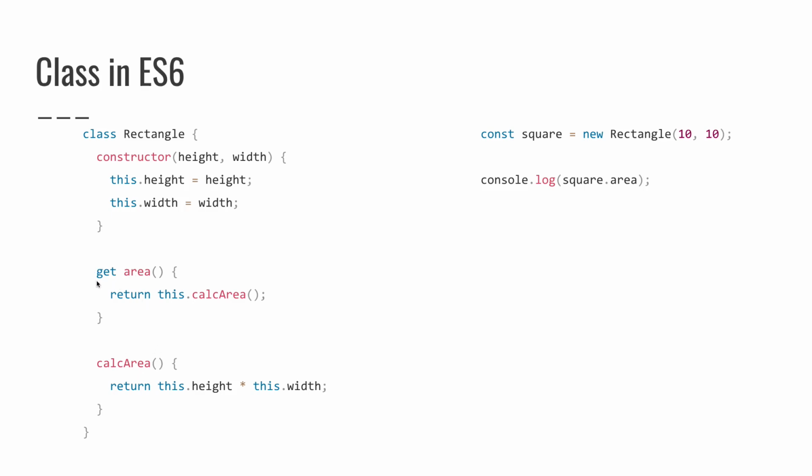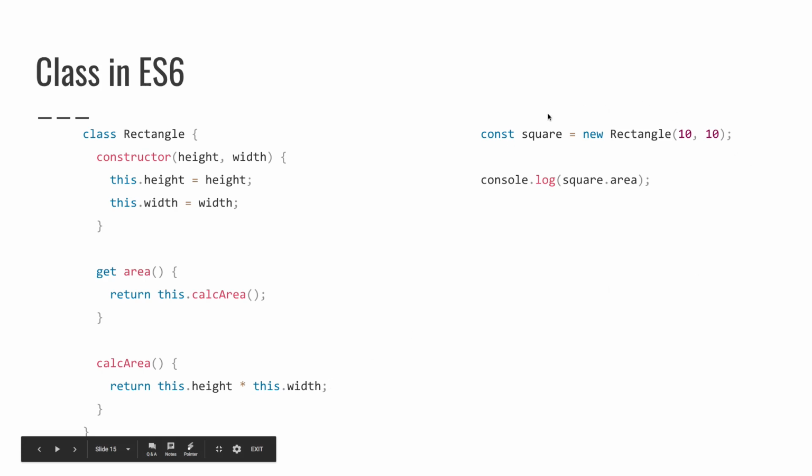And you can see there is a get before the method here. This doesn't, but this does have. So this is a getter. We have a getter and setter. This is a getter, which means that you can basically call this without the parentheses. I'm going to show you this later in an example. But this is how you write a class. So you see the class has some properties, height and width, and it has some methods, in this case, area and calcArea.